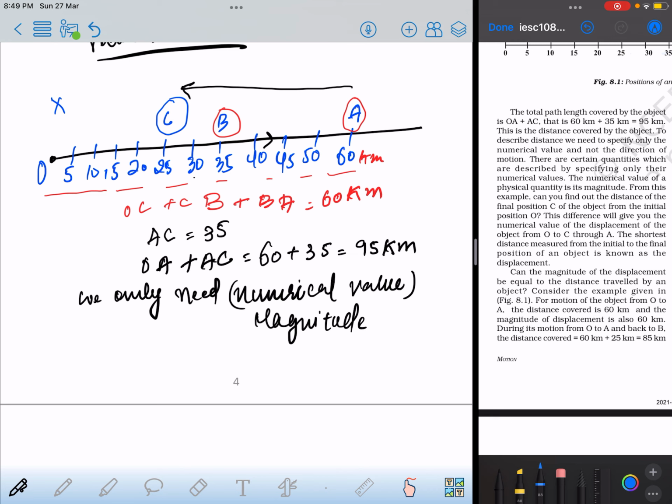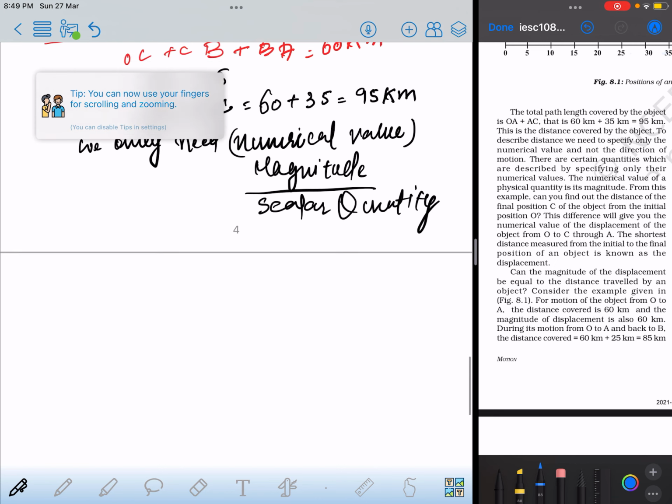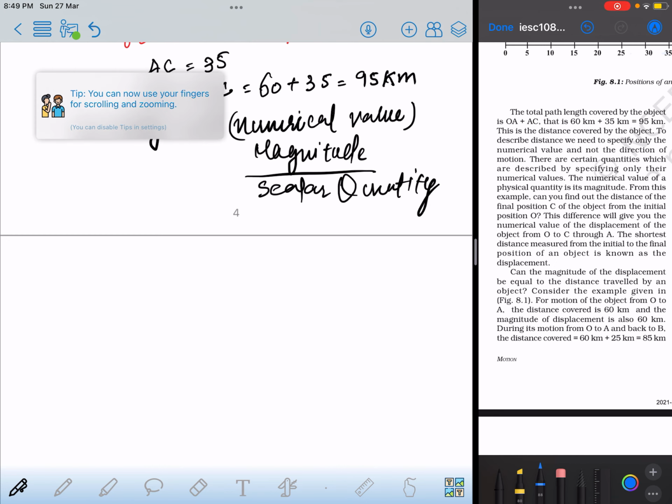And the quantity which has a magnitude only is a scalar quantity, as we discussed in the previous lecture. To describe the distance we need to specify only the numerical value, not the direction of motion.